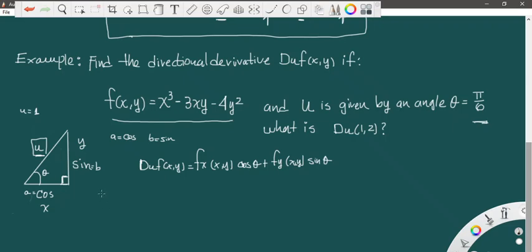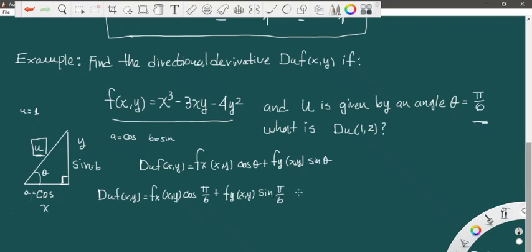Okay, so let's work out the example again. Let's say that D sub u of the function x comma y is going to be equal to the partial derivative with respect to x of the xy function times the cosine of pi over 6, plus the partial derivative with respect to y of these two variables times the sine of pi over 6.